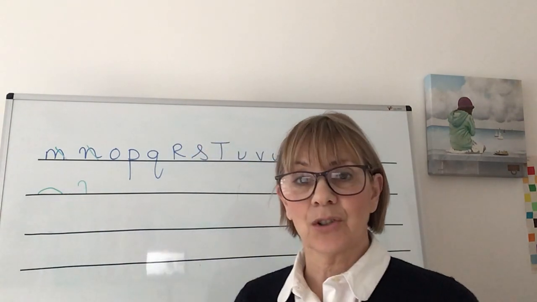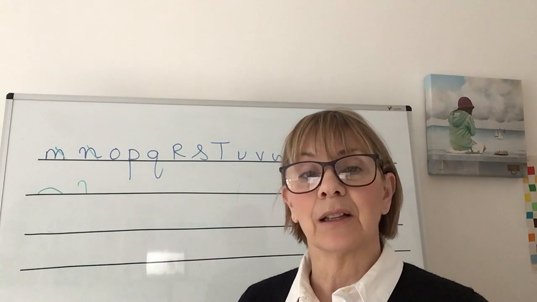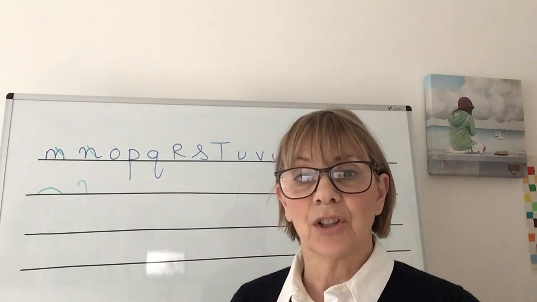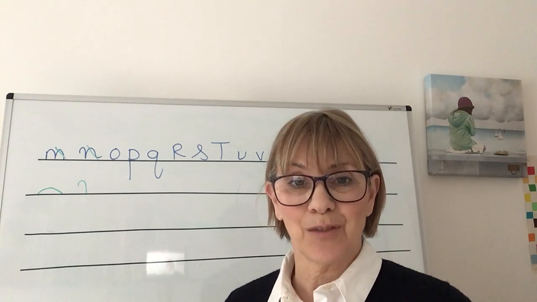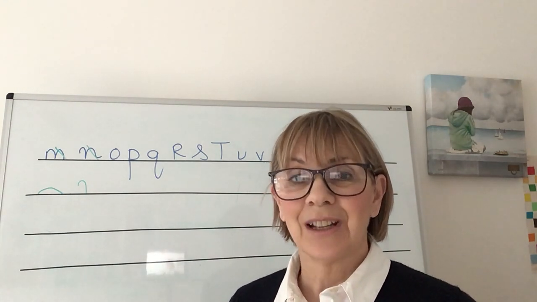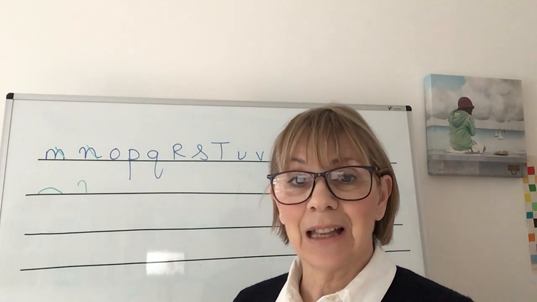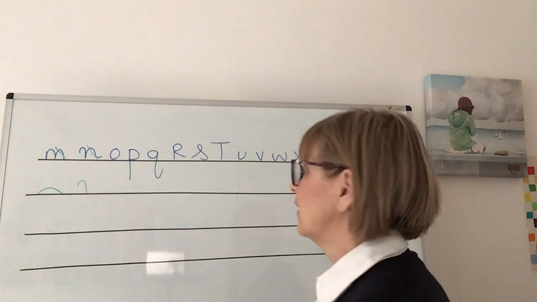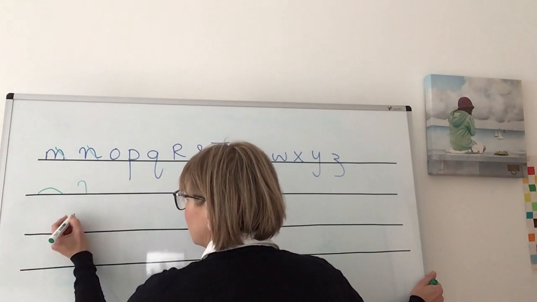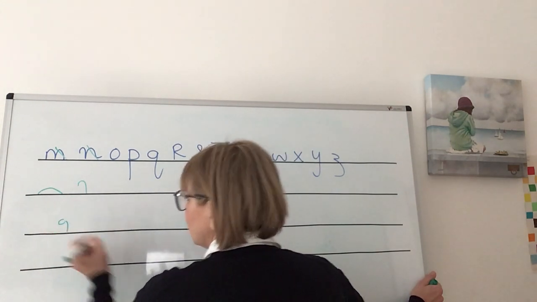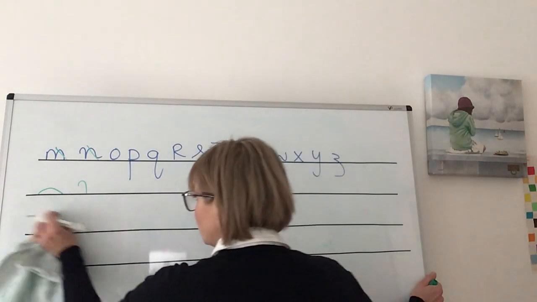Now N is interesting, and it brings me on to a next stage in the alphabet, and you can think of these as extra letters of the alphabet, as if you were learning a language and it's got extra different letters of the alphabet that we don't have. Because if I wanted to join C onto N, it would make a very awkward outline. It wouldn't be easy to join.